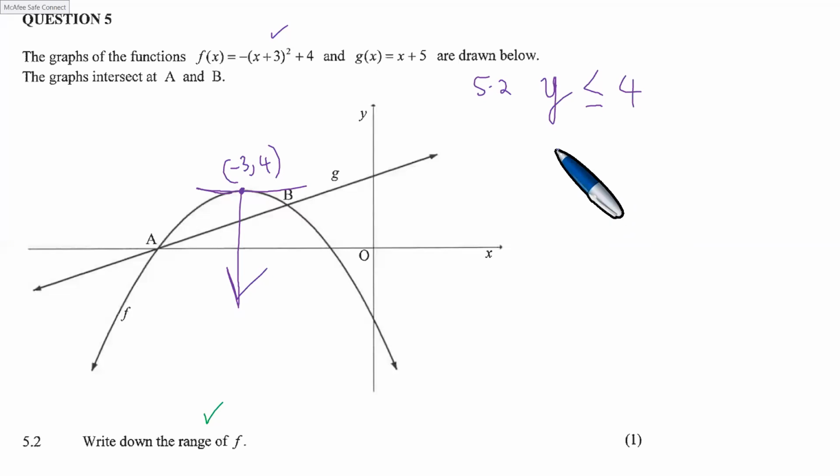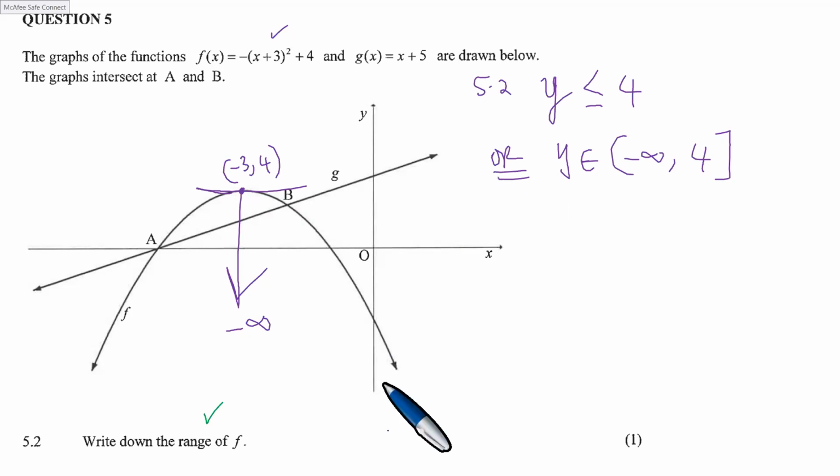In other words, you can also say y goes to minus infinity. But when you write these intervals, you start from the smallest one. Negative infinity is very small because it's negative. It's smaller than a positive 4. So you're going to start from minus infinity to 4. In other words, you can write either of the answers, this one or that one. All right.